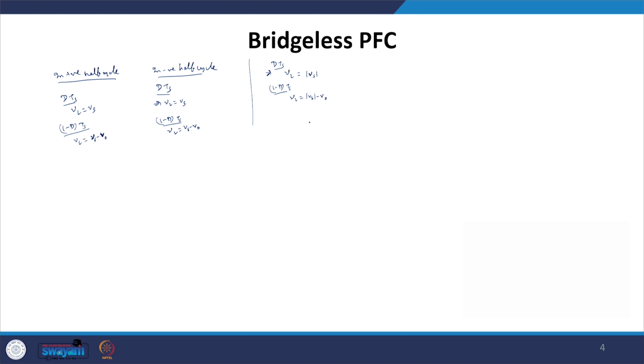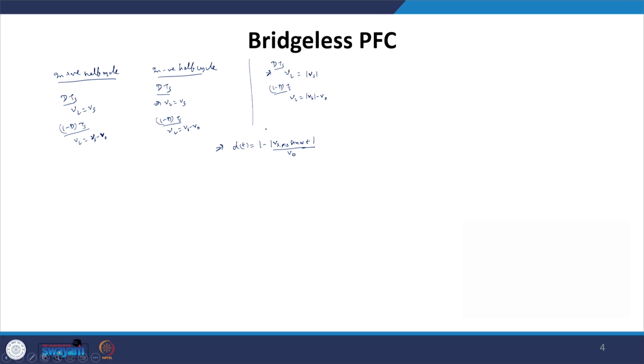If you look very carefully, it is similar to our boost PFC case, and thus when we do the volt-second balance over the half line cycle, in the same manner as we did for the boost PFC case, and then take the approximation, we will get our duty ratio varying the same as that of boost PFC, which is 1 minus modulus Vs peak sin omega t by V naught.